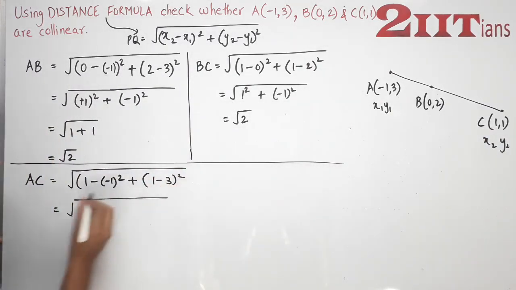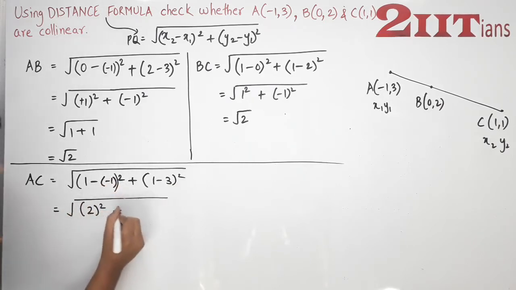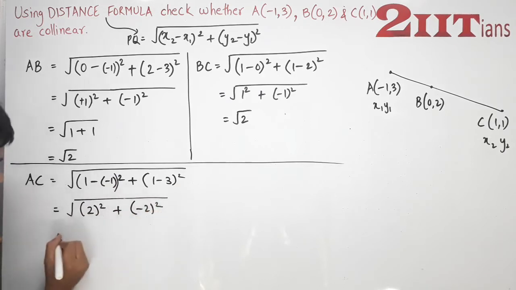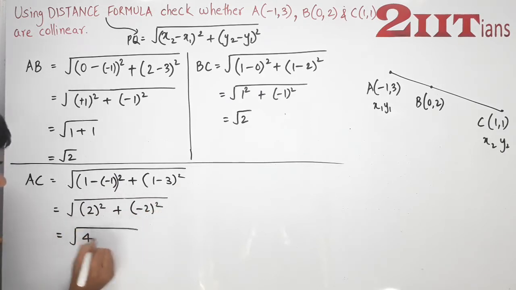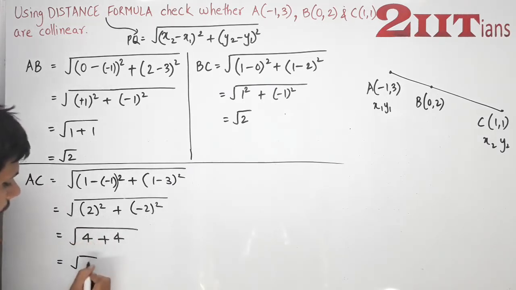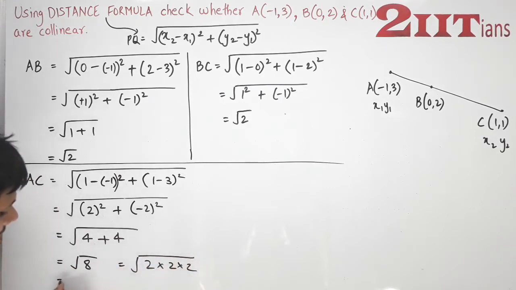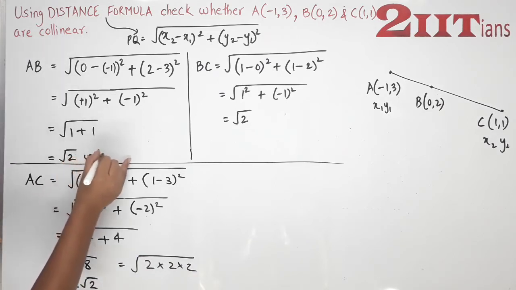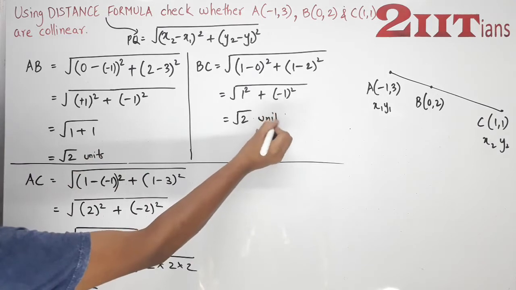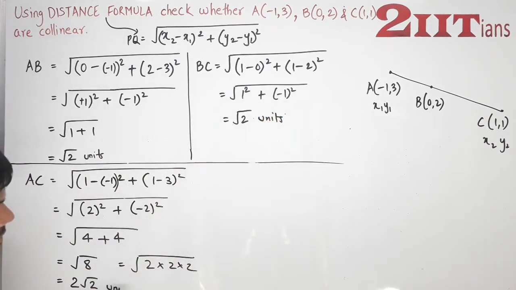This comes out to be 2 square plus minus 2 square. This is 4, this is 4. Now we have under root 8. You can write it as 2 into 2 into 2, and so this becomes 2 root 2. Root 2 units, root 2 units, and 2 root 2 units.